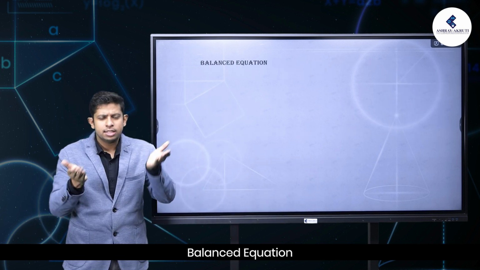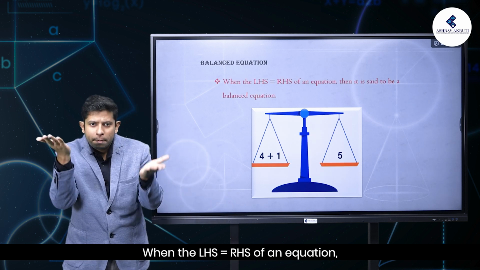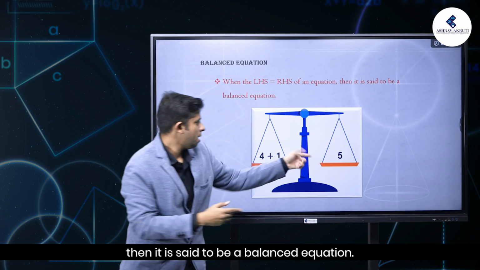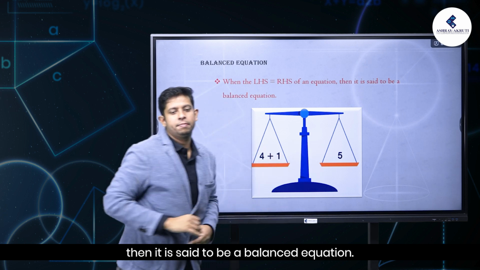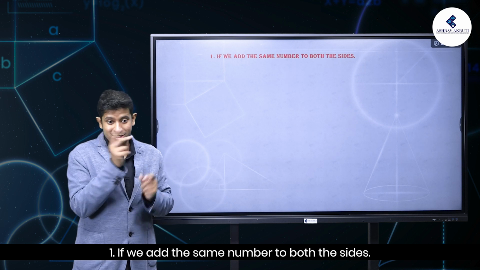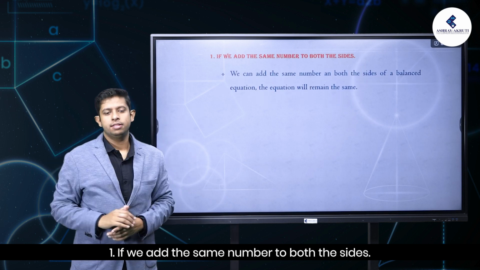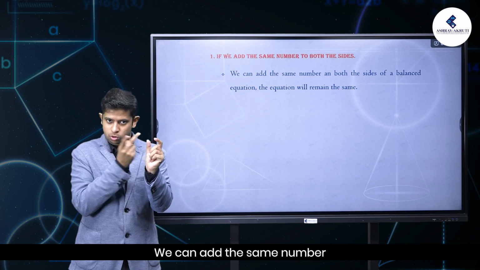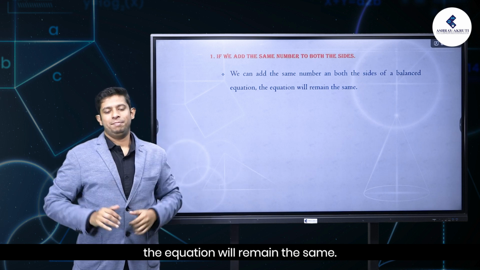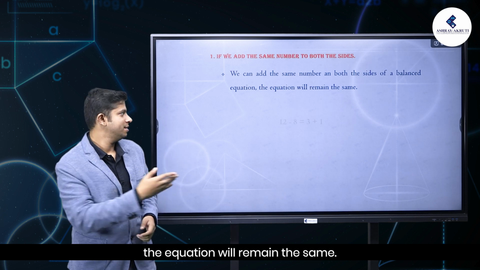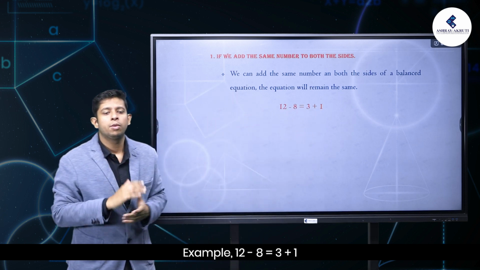Balanced equation. When the LHS is equal to RHS of an equation, then it is said to be a balanced equation. First one, if we add the same number to both the sides of a balanced equation, the equation will remain the same. Example, 12 minus 8 is equal to 3 plus 1.